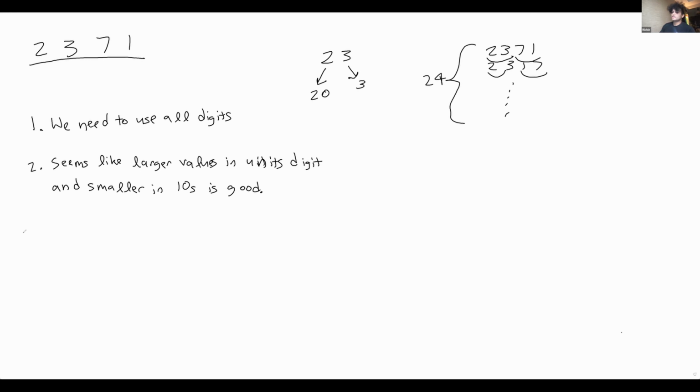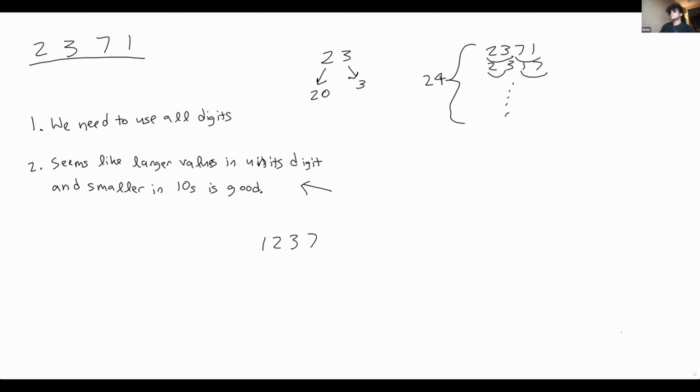Let's try to get something better. In an interview, you'd really want to try to get something better than that. And for getting something better than just a brute force solution, we're going to use an idea like this. If we want larger values in the units digit and smaller values in the tens digit, then let's just consider this sorted: 1, 2, 3, 7.